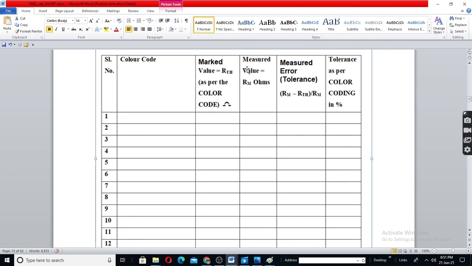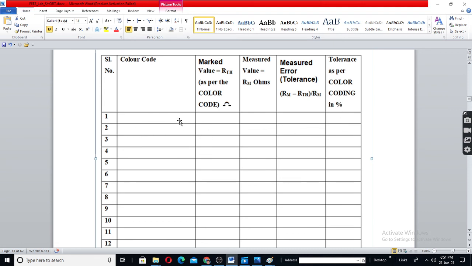Assume that the multimeter value is the accurate value. Then find the error if you require. You can write the percentage error here. Also, you write the tolerance as per color coding.